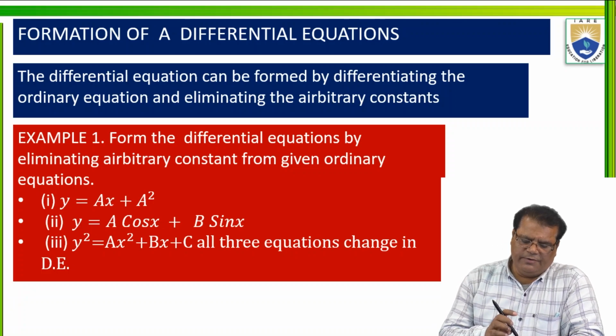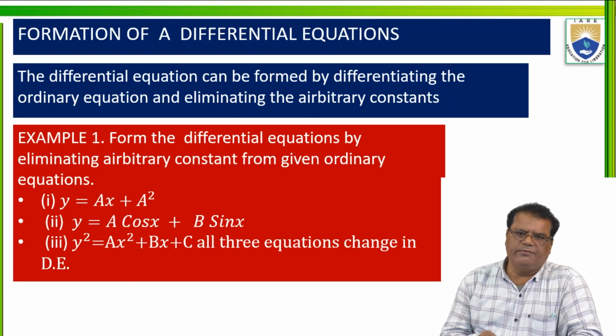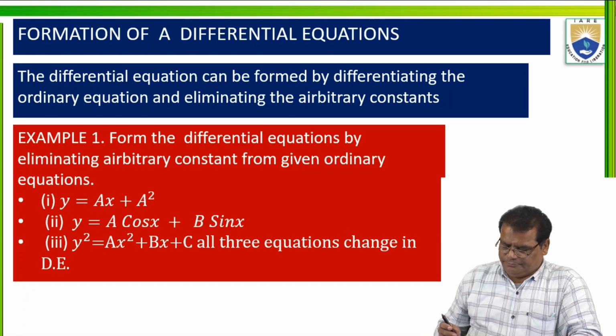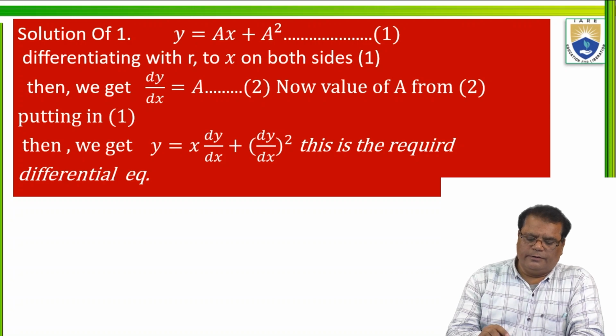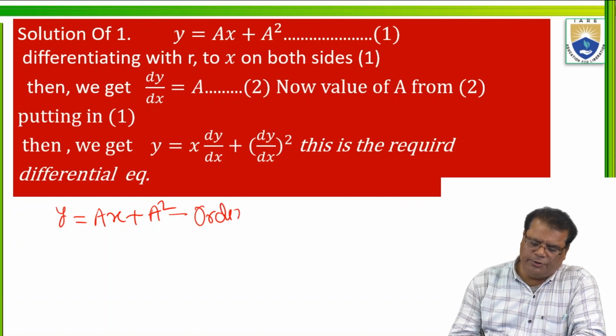So here I am giving some examples. Form the differential equation by eliminating the arbitrary constant from the given ordinary equation. First is this. Here in this question, we are given y is equal to ax plus a square. This is the ordinary equation.